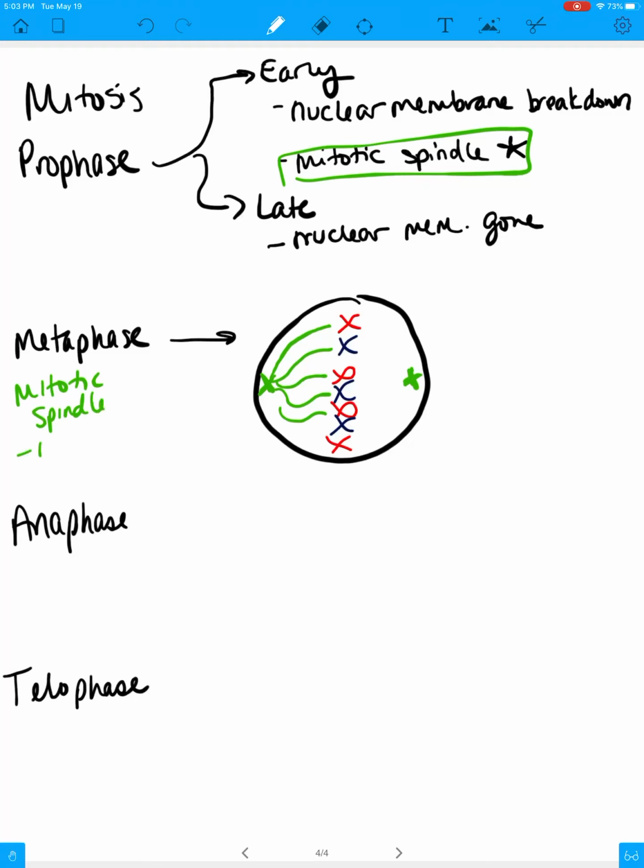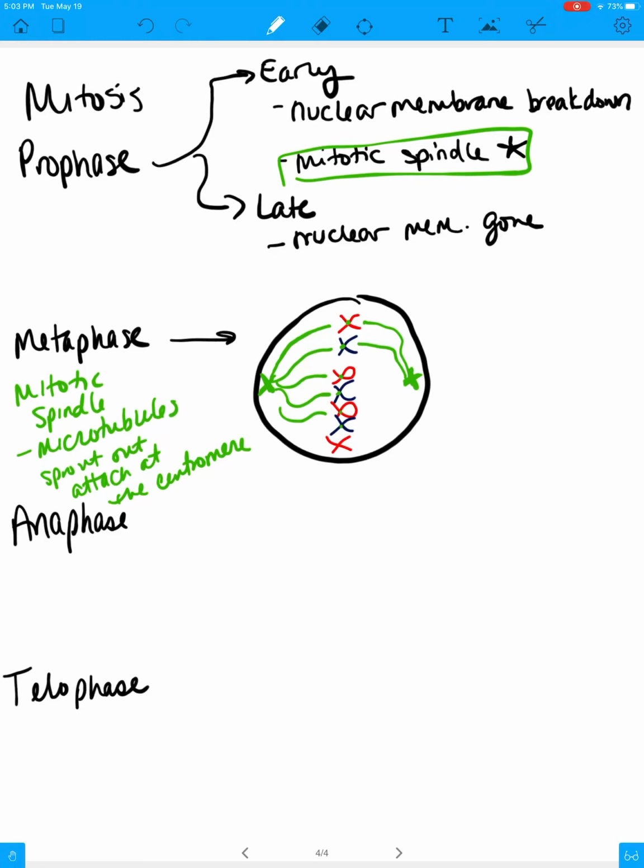They sprout out and attach at the centromere. If you remember, the centromere was that little proteinaceous structure that connected the two sister chromatids together.